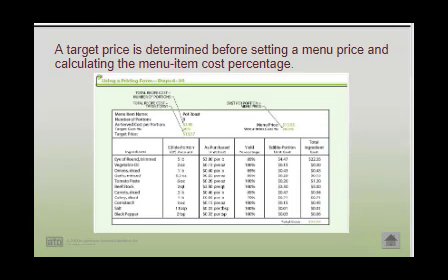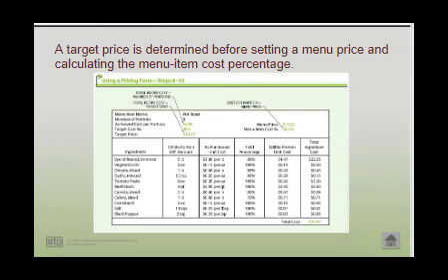Number 6, calculate the total cost by adding the cost of each ingredient. Number 7, calculate the total cost per portion by dividing the total recipe cost by the number of portions.